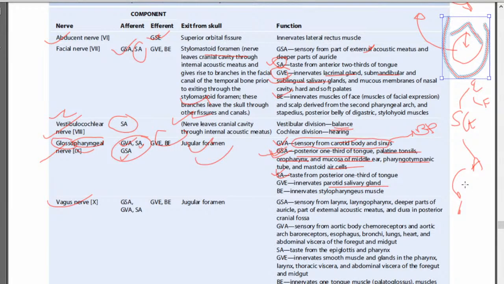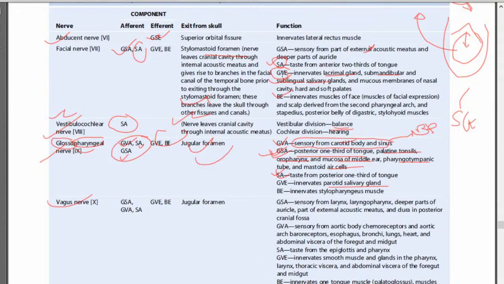So the glossopharyngeal nerve is under general visceral afferent. Oh, sorry, general visceral efferent.